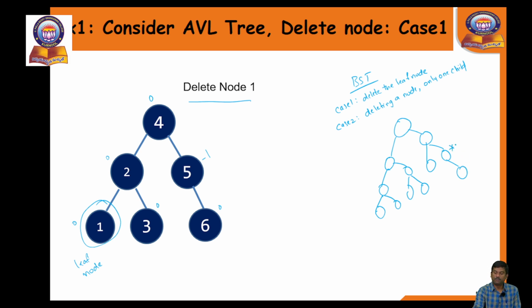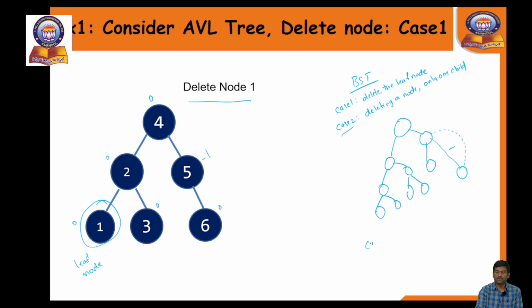If you want to delete this node, observe which case it belongs to. It belongs to case 2: deleting a node with only 1 child. This node contains only 1 child. So as I have explained, for case 2, make a link between the parent and the child, and then remove this node. By deleting this node, establish a link between the parent and the child. That is case 2.